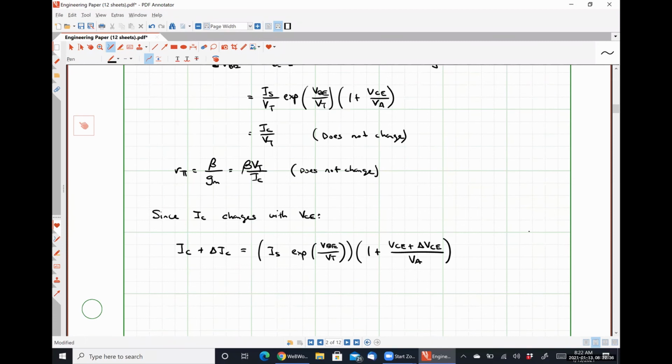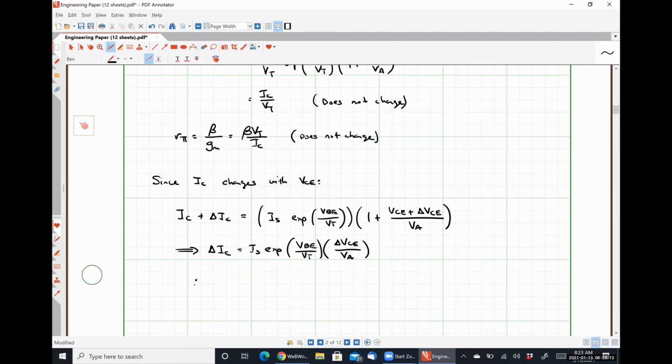From this, we can see that the change in IC portion is simply IS EXP VBE over VT multiplied by delta VCE over VA. And so now we have a relationship strictly between the change in the collector current due to a change in collector emitter voltage. And we're going to call that R naught.